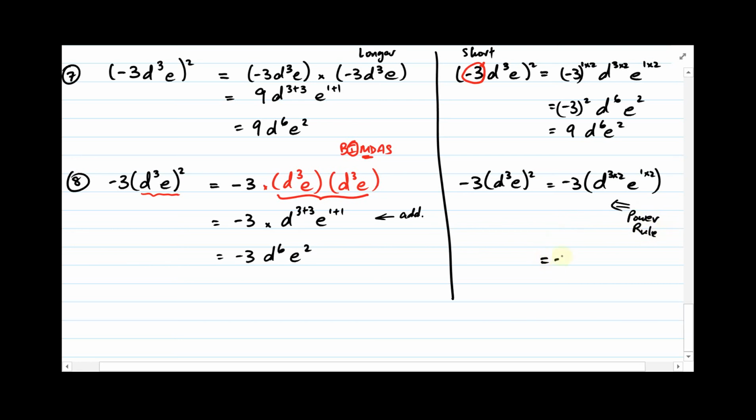So I end up with the same thing, negative 3d to the 6 e to the second power. As the questions get more involved, you still have to remember your order of operations and carry out things as determined by it.